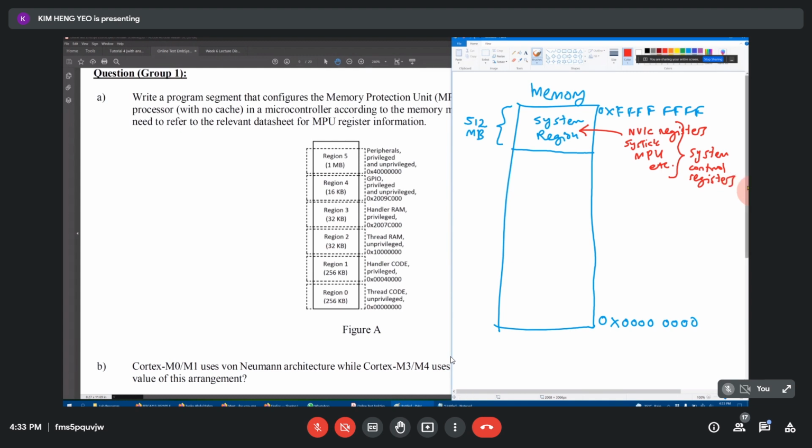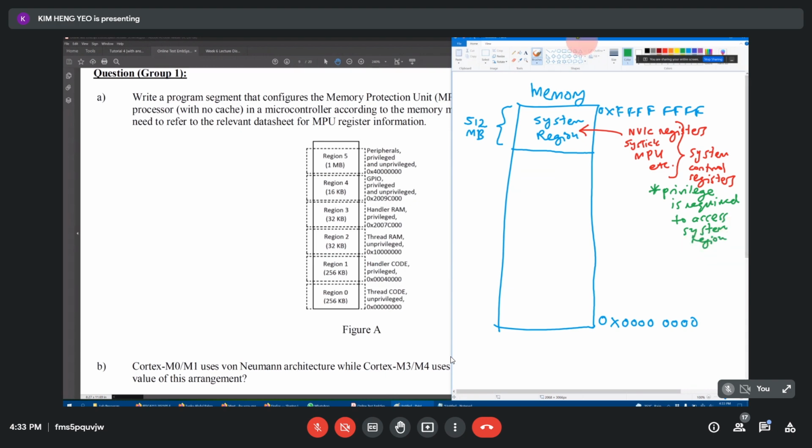They are very important. You shouldn't mess with them because if you do, the whole system will crash. So how do you avoid people messing with them? To access the system region, privilege is required.